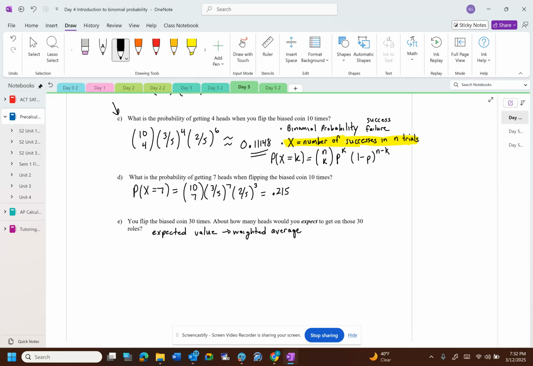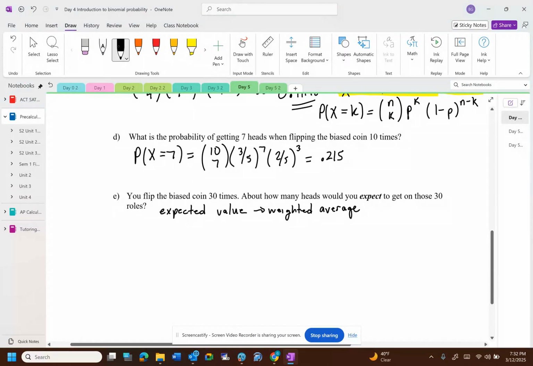Now, the way we write expected values, we put a big E, and we usually put X here, because we're going to find the expected value of X, and in this case, X is going to be the number of heads. So we want to find the expected value of X. Now, you might have been able to figure this out just by logically thinking about it.